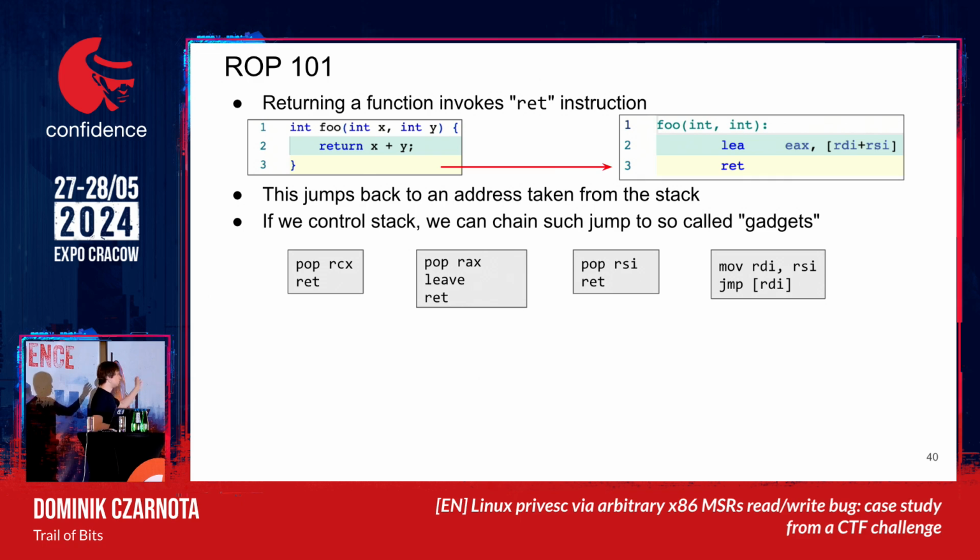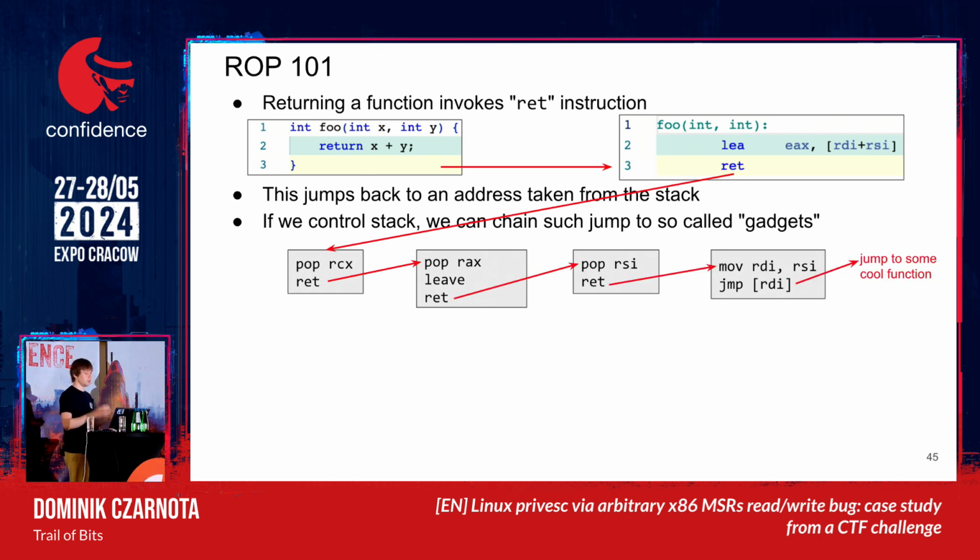We don't really need to know what those assembly instructions are doing, but the basic idea is that if we can control the stack memory, in this case with the foo function, then the program can jump to some gadget that we would put there, and then another ret instruction will jump to another gadget, and then to the next gadget, until we do a jump to some cool function, after we set up arguments, for example. So this is the basic idea of the ROP attack.